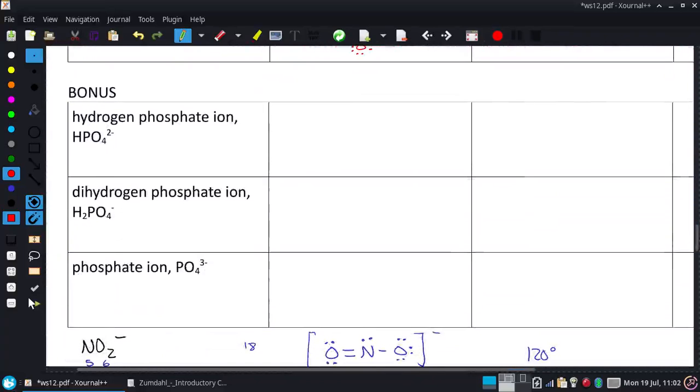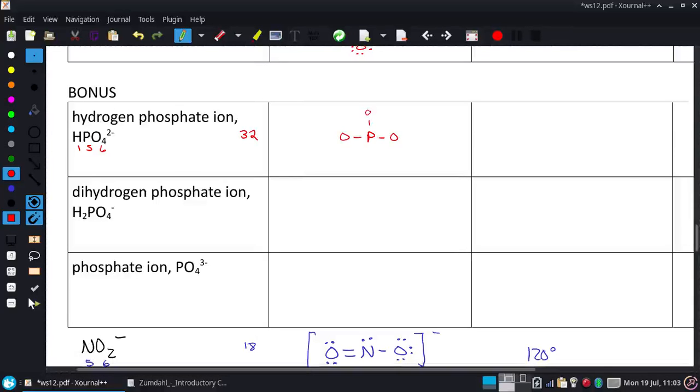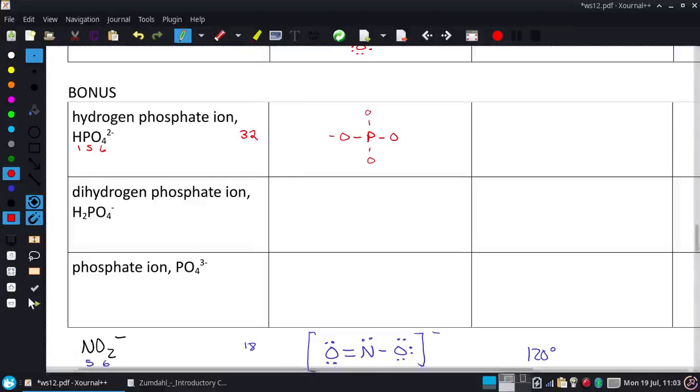All right, next one here, hydrogen phosphate ion, HPO4 2-. 1, 5, and 6. So 6, 24, 29, 30, 2-, 32. I'm going to kind of do this like I did with the sulfate and have the phosphorus making the phosphate first, and then add that single hydrogen just to one side.